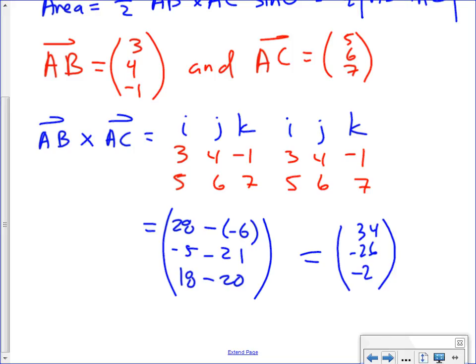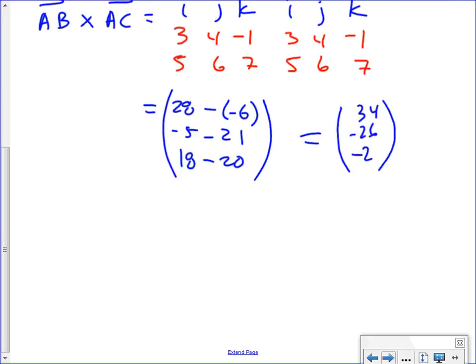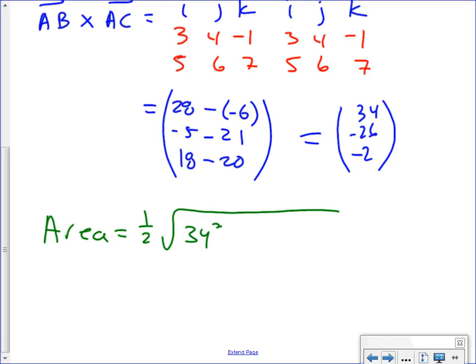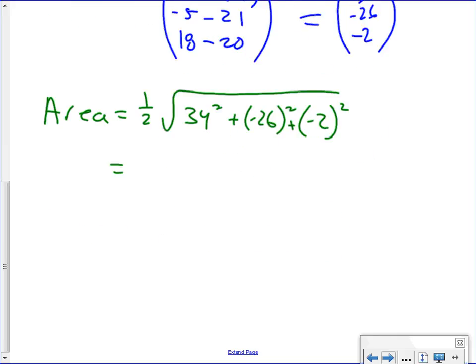Okay. So the area is half of the magnitude of that. So to find the area, that'd be half the square root of 34 squared plus negative 26 squared, and then negative 2 squared. And by doing math magic, that simplifies to 3 root 51.